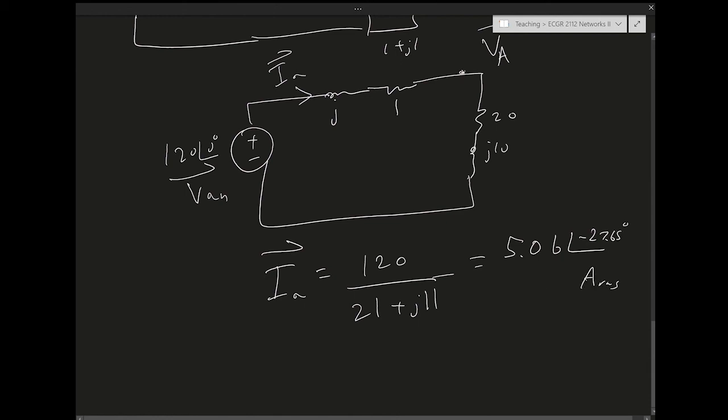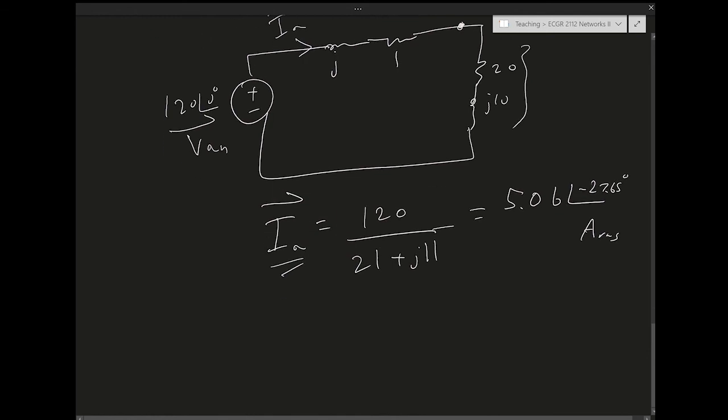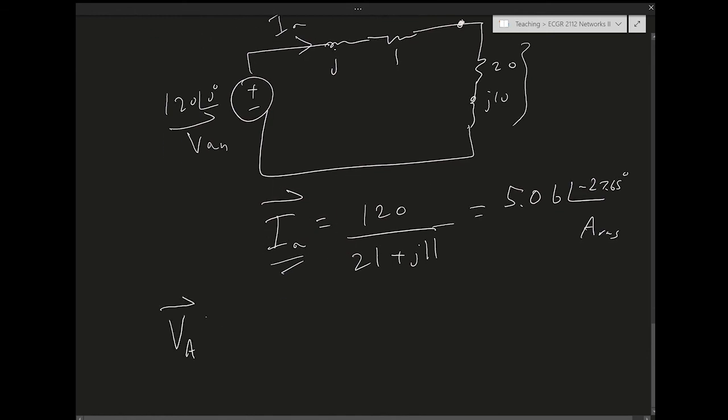And then for the load voltage, you just do a voltage divider. Well, we don't need the voltage divider because we already calculated IA. You just take IA and multiply it by the load impedance, and you get the load voltage. The load voltage is just going to be IA times 20 plus J10.